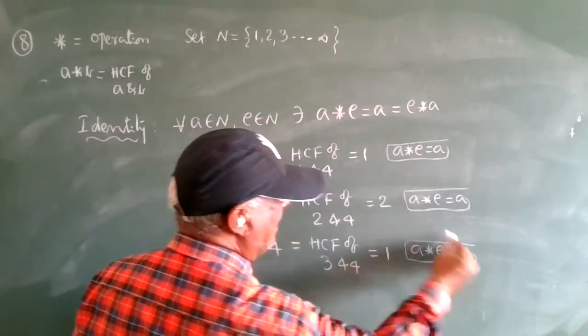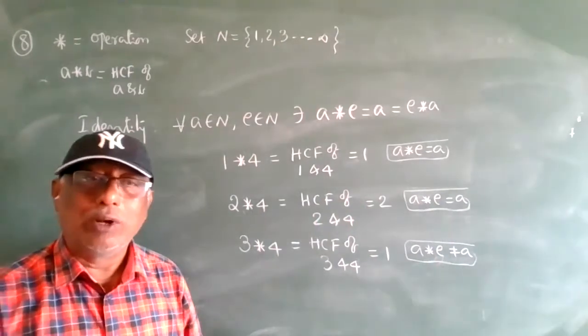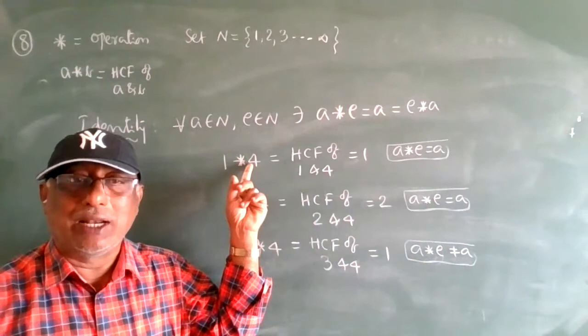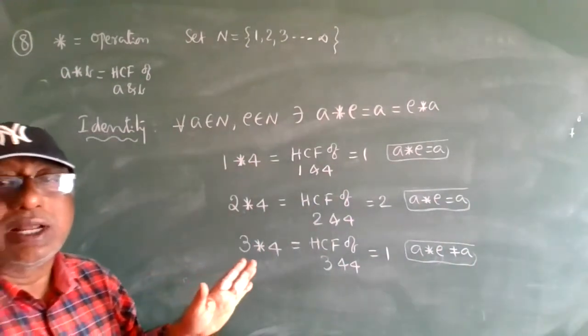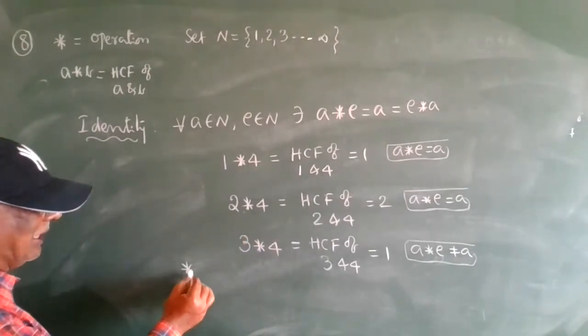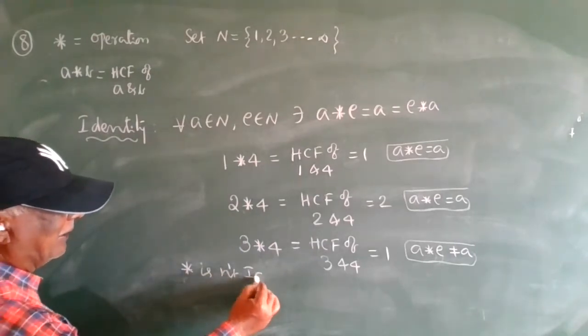A not getting means the identity element is not satisfied. 1 we can take, satisfied. Fail case is there, but 4 is also a natural number. Therefore, we should write: star is not an identity.